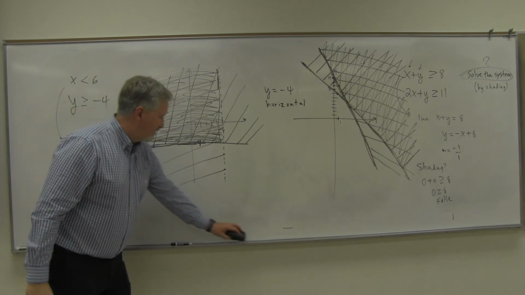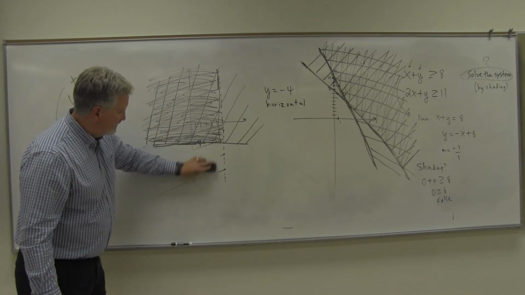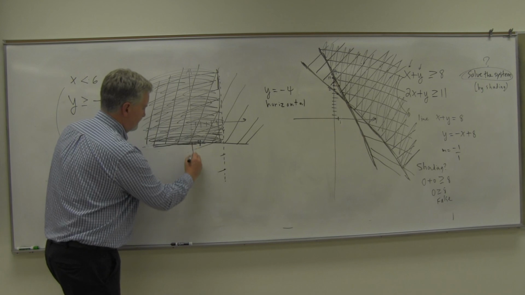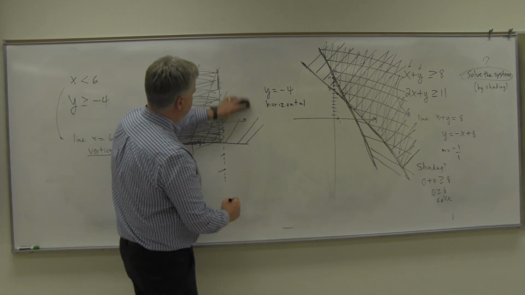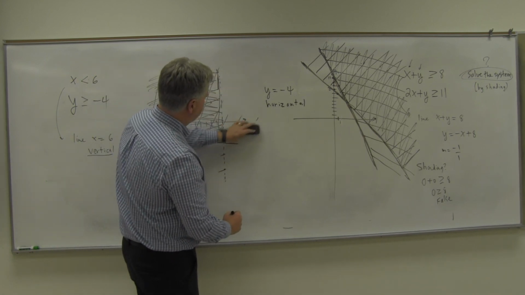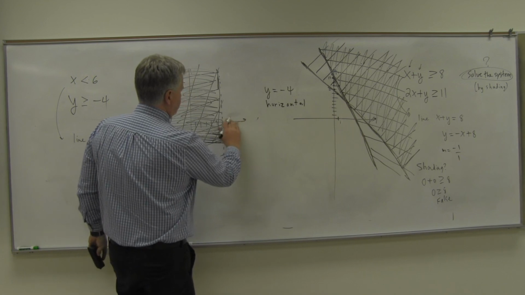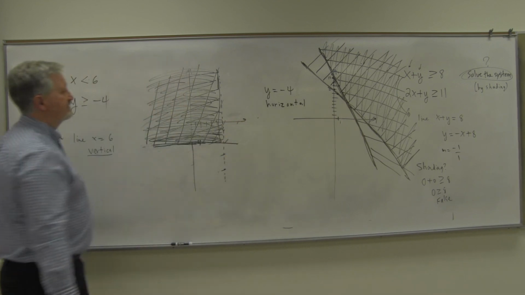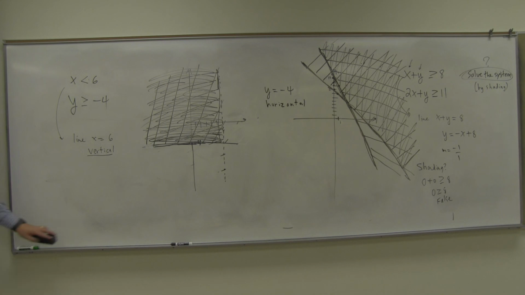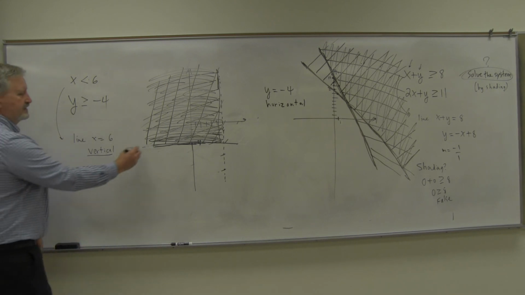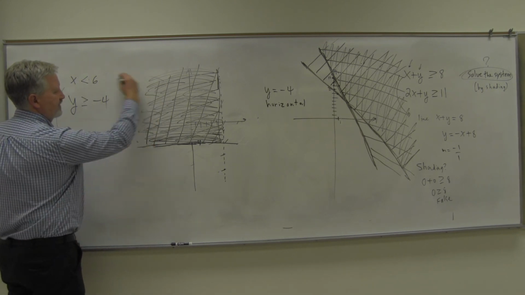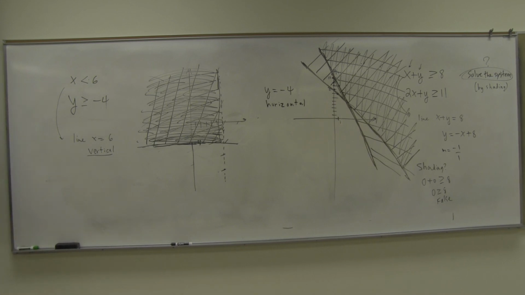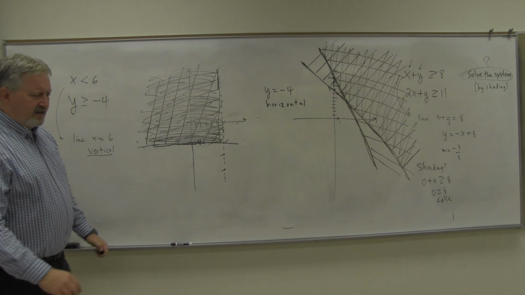You know, this part really is not a part of that. That's why it's still on my axis. And this part, as far as shading goes, that's all we should have shaded, is that kind of box area. It goes infinitely this way, but there you have it. Okay.